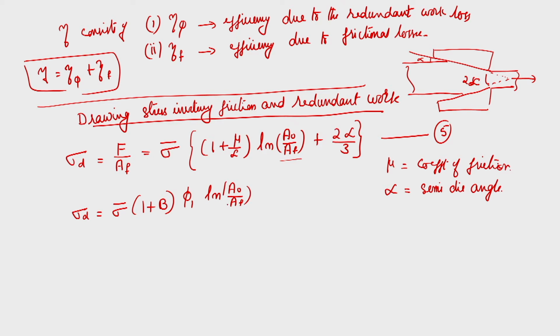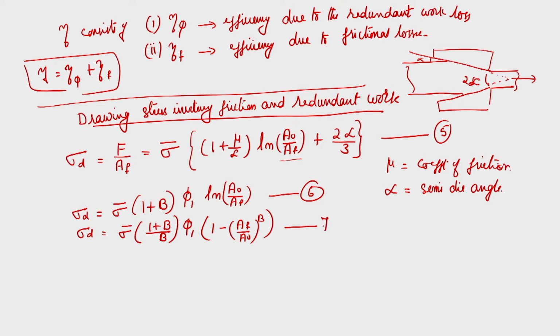You will find that more or less all these things are of a similar way. And another expression is that sigma d is equal to sigma bar into 1 plus b by b into phi 1 log phi 1 into, these are all expressing in different ways, that is 1 minus A f by A naught to the power b.